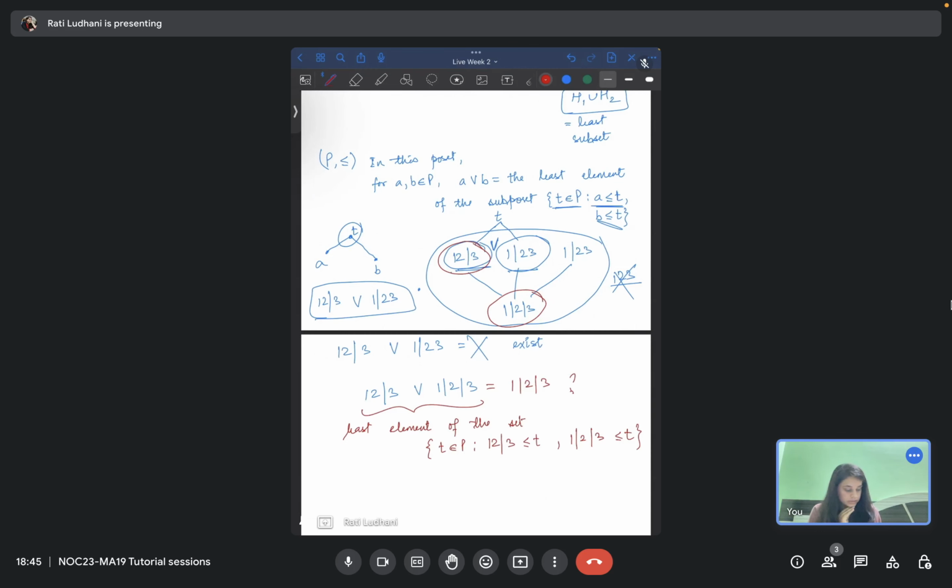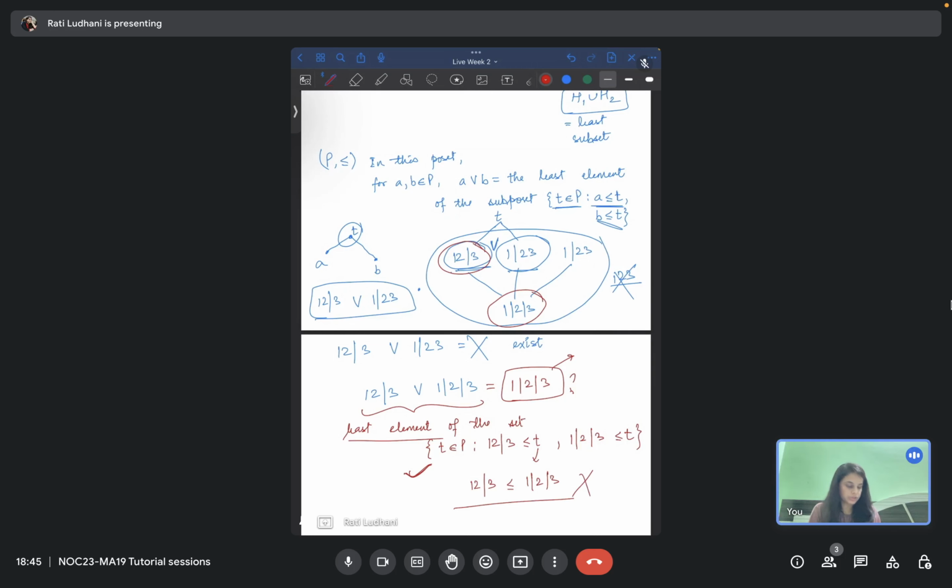Now you are searching for the least element, but it should satisfy this set property, right? It should be from the set. So if you are saying this is your T, this is your least element, then this should hold, but this is not true, right?